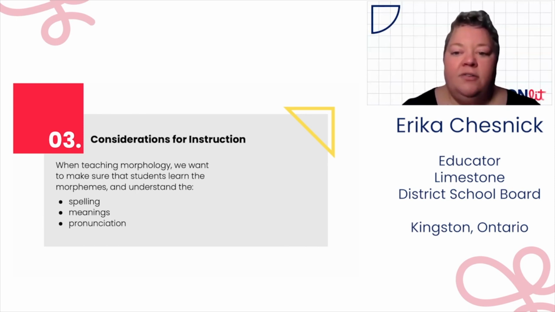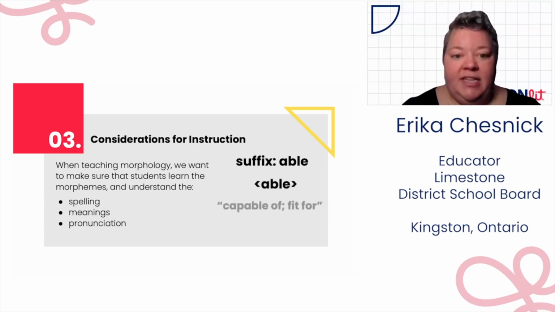Let me give you another example with the suffix able. The suffix able is spelled able. Generally speaking, it usually means capable of or fit for. And when added to a base, it creates an adjective. However, we don't pronounce it able like we do with the actual word able, as in, are you able to go to the movies?